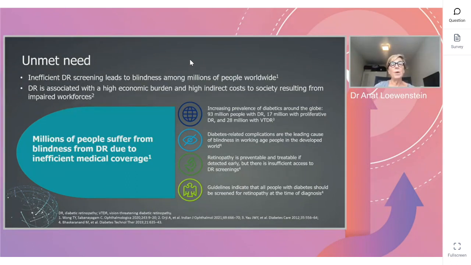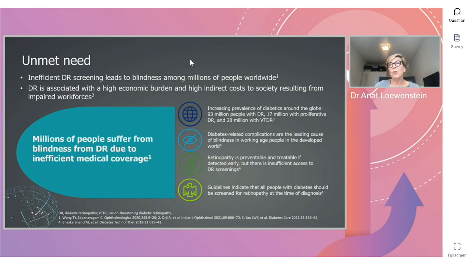We know that even though we are examining many patients with diabetes, in some countries there are different modes for this screening. For example, in my country, it's a quality control for the family physician to send the patient for diabetic retinopathy screening. However, there is still insufficient screening around the world, and this has been shown by many studies.